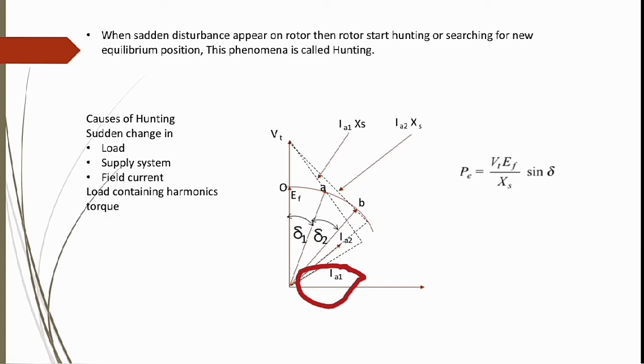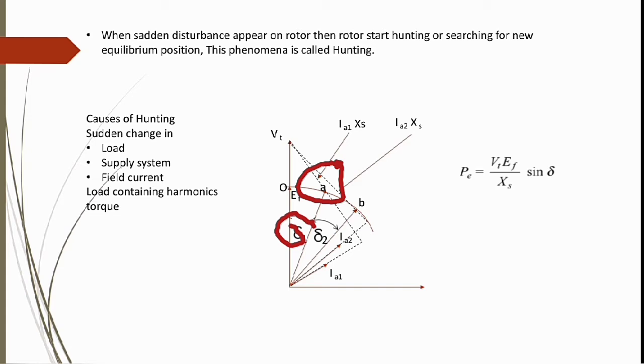Through that current we get the synchronous reactance drop IA XS, through which we get the terminal voltage point over here. So the rotor does not stop at A, it is not fixed at the delta 1 position or load angle delta 1 position.